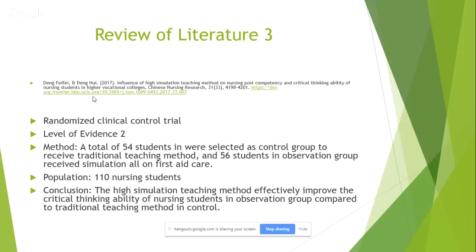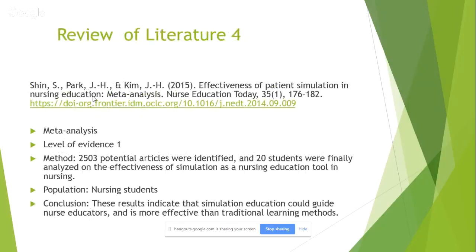At the end of the study, the simulation teaching method effectively improved the critical thinking ability of nursing students in the observation group compared to the traditional teaching method in the control.